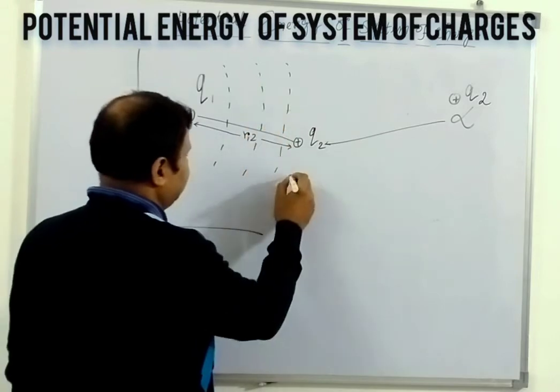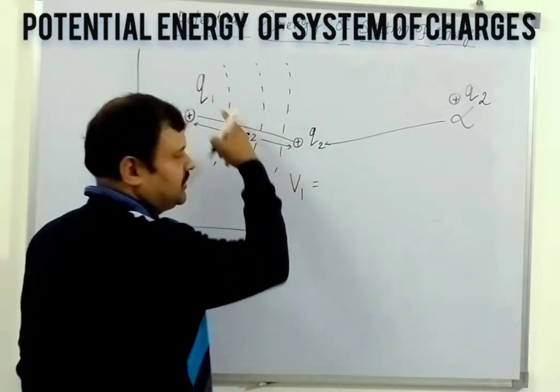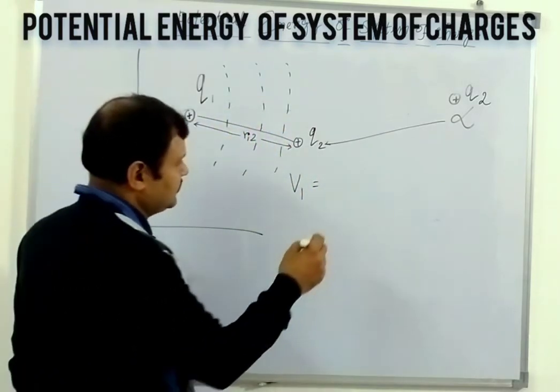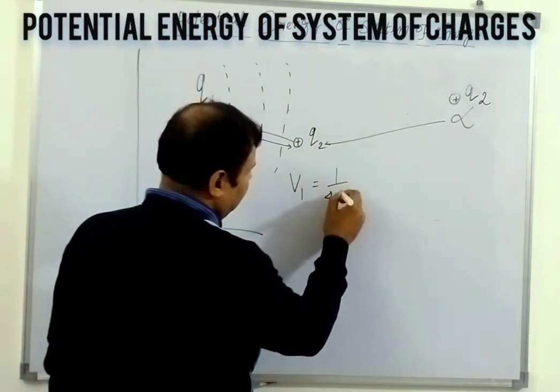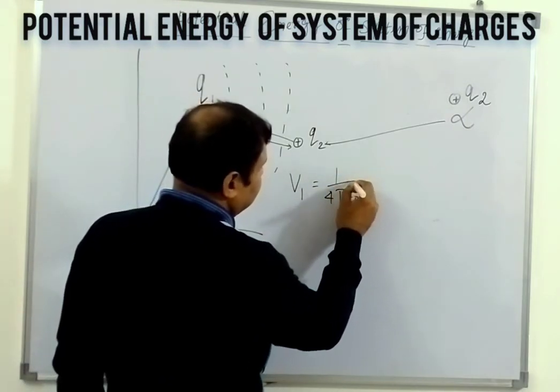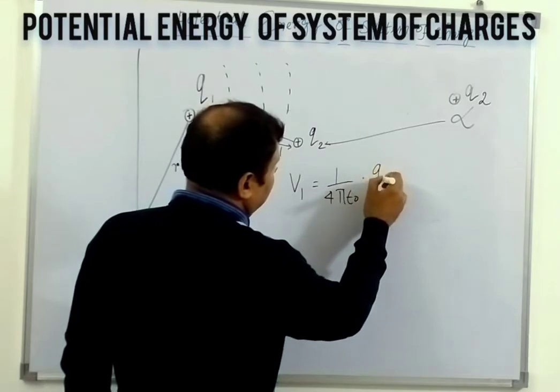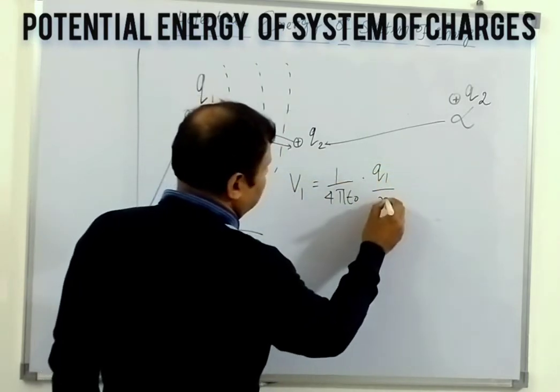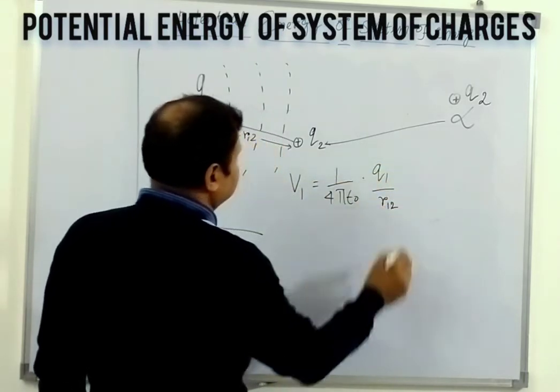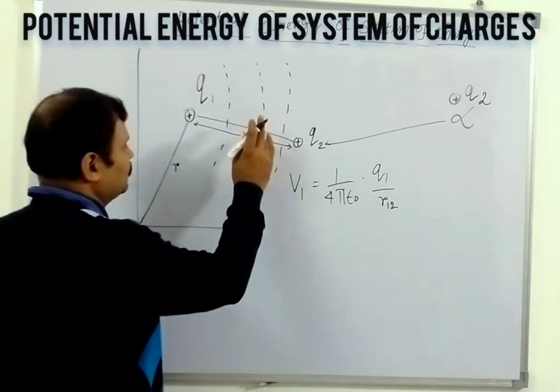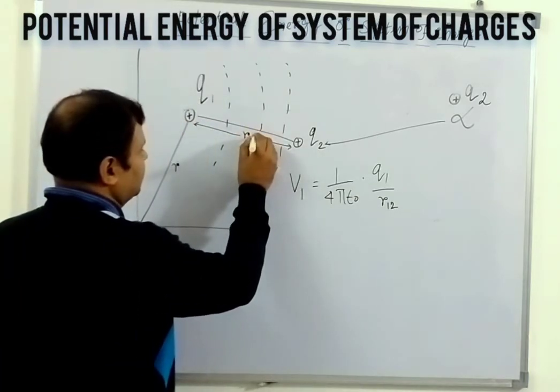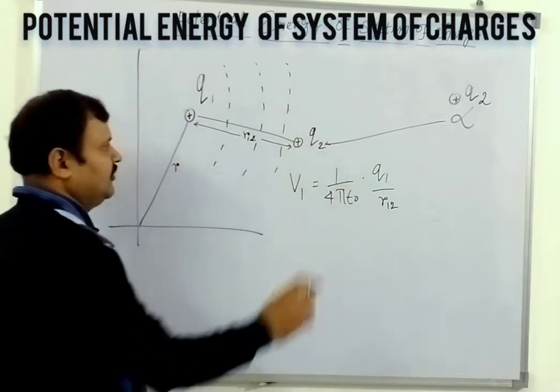If we call this potential V1, the potential due to this q1 charge will be, as you know, 1 by 4 pi epsilon naught times q1 over this distance r12. So this much electrostatic potential is already prevailing over here.